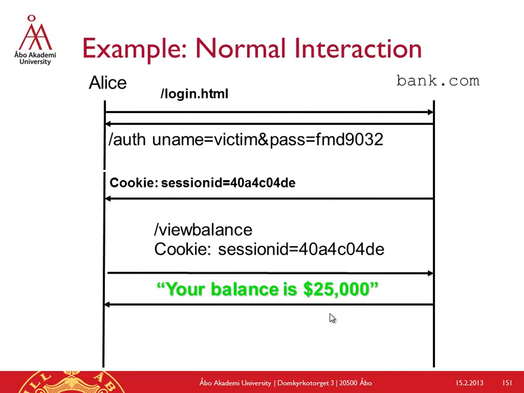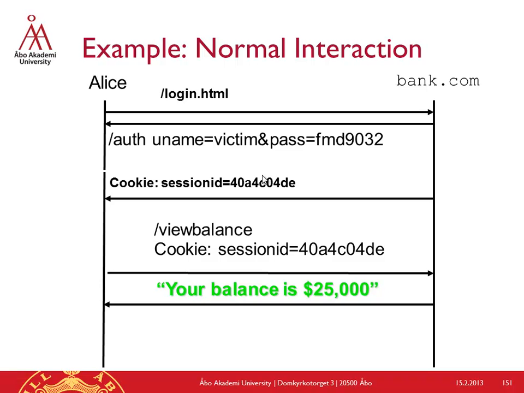So, for example, with some electronic commerce, currently with this bank client system, the normal interaction looks like this. Alice, a good person, goes to this bank. The bank replies with some sort of HTML form in an HTML login file, and after Alice has been authenticated with this bank, the bank provides her an authentication cookie with a session ID.